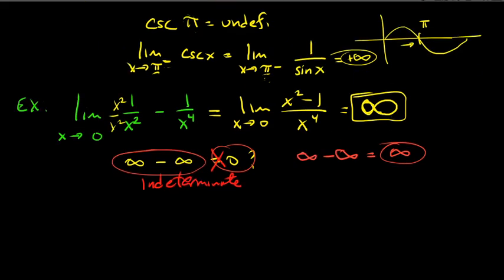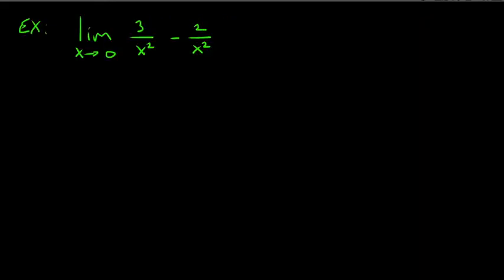And just to show that, I'll do one last example, and then we'll end it with that. The limit as x goes to 0 of 3 over x squared minus 2 over x squared. Notice that 3 over x squared, as x goes to 0, gets bigger, so this goes to infinity. This goes to infinity. So it looks like infinity minus infinity.